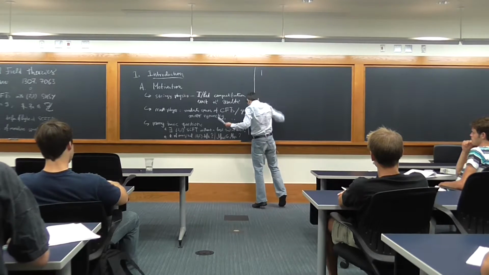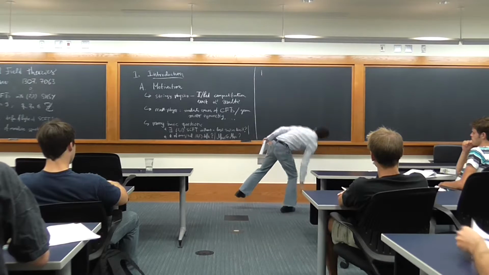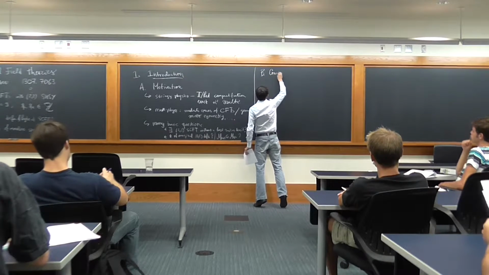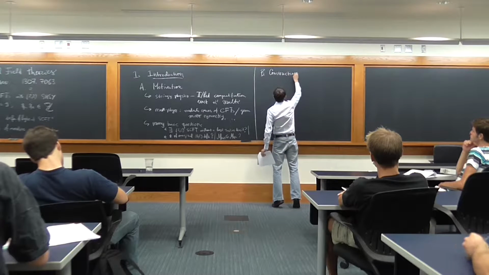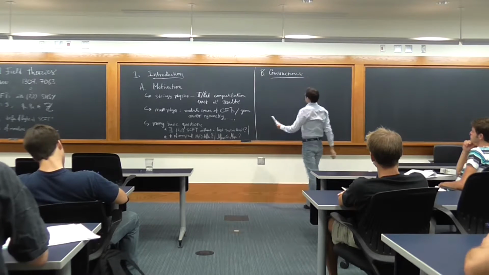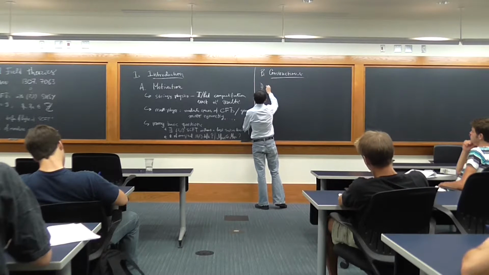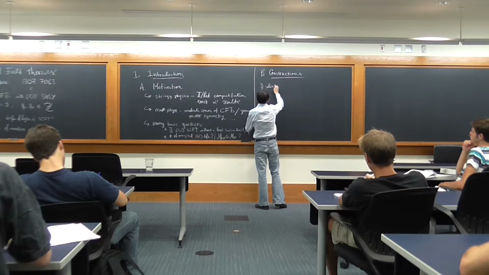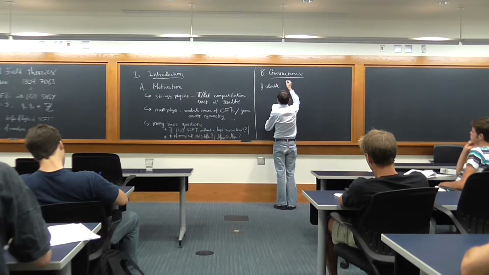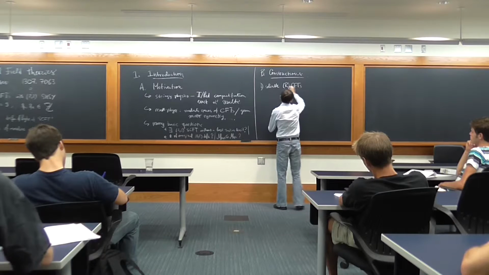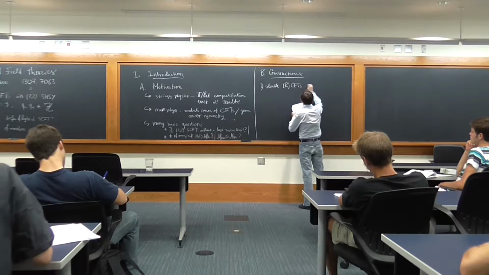So what are these constructions? Well, the subject is classic, so there are many. Let me begin with the ones that I'm not going to say too much about. So we have various solvable, possibly rational conformal field theories.